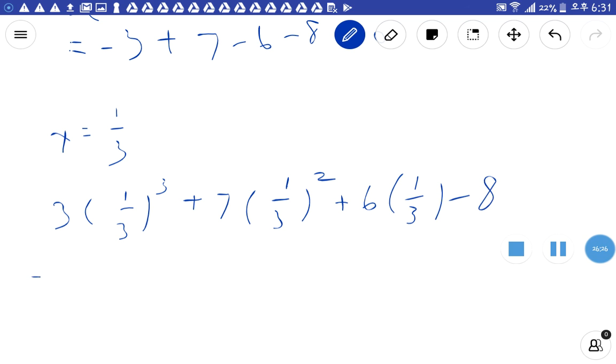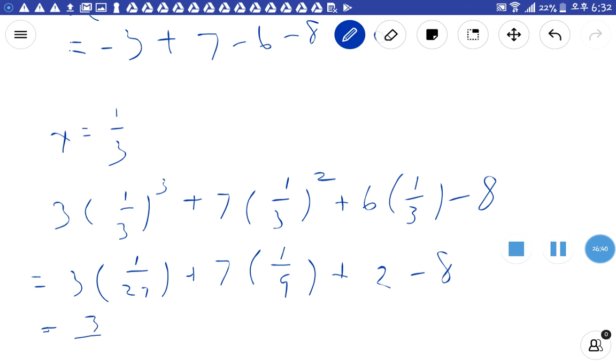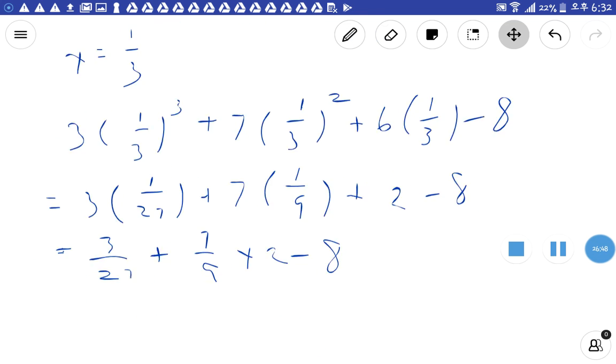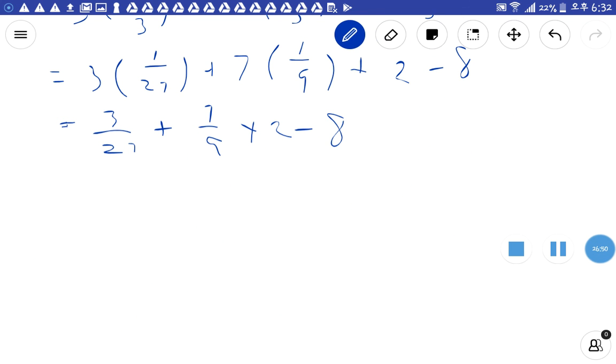I hope this is working. 3 times 1/27 plus 7 times 1/9 plus 2 minus 8. So 3/27 plus 7/9 plus 2 minus 8. And then 3/27 becomes 1/9, plus 7/9 becomes 8/9. So it's not gonna be working.